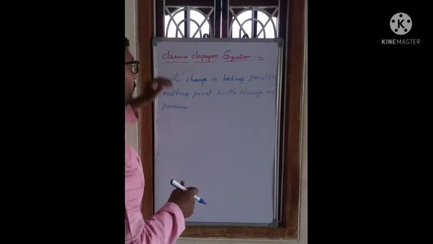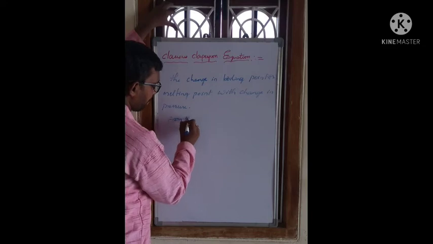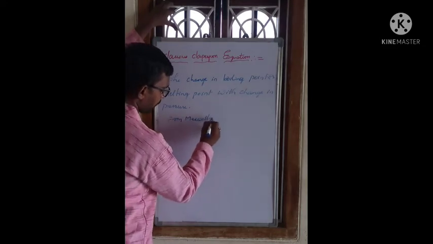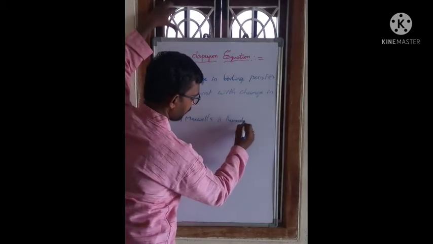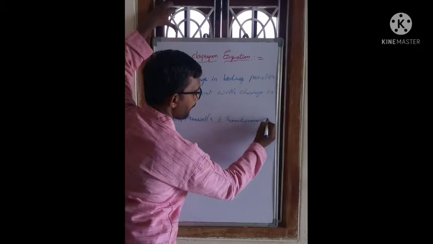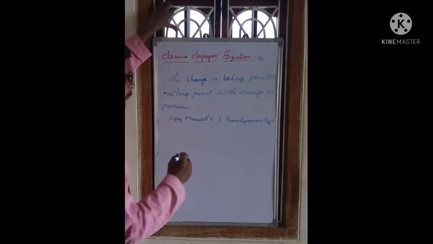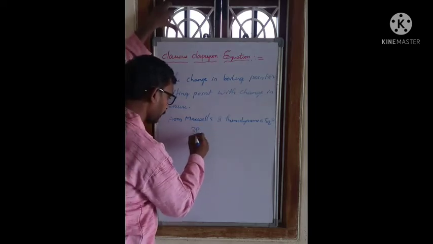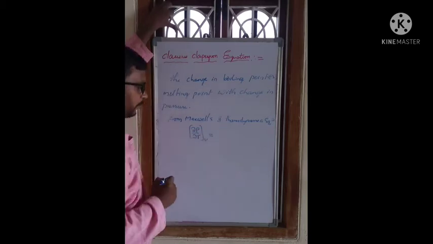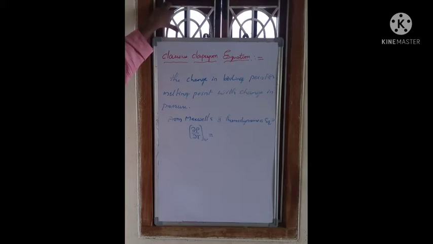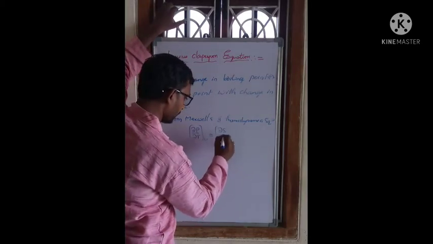Now, according to Maxwell's second thermodynamic equation, ∂P/∂T at constant volume V is equal to ∂S/∂V at a constant temperature.